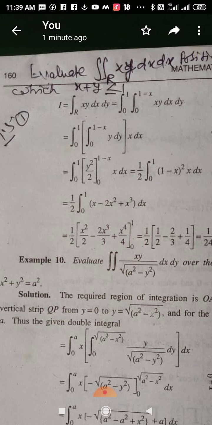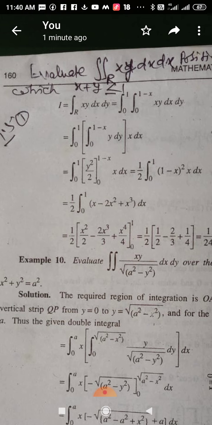Now integrating first with respect to y. In the bracket the function of y is enclosed here and it is written as integral 0 to 1, integral 0 to 1 minus x, y dy, x dx.